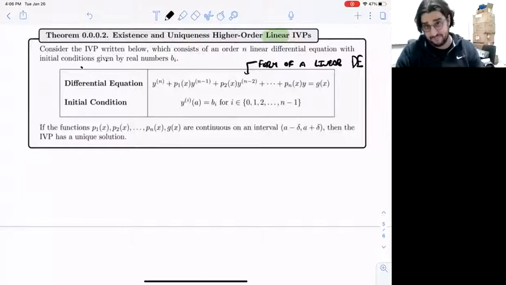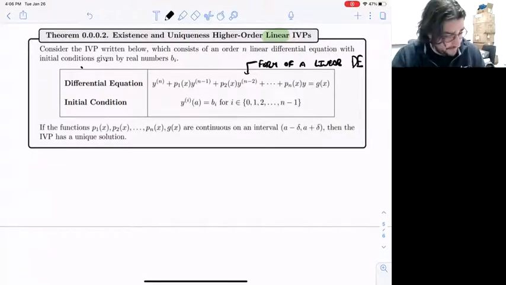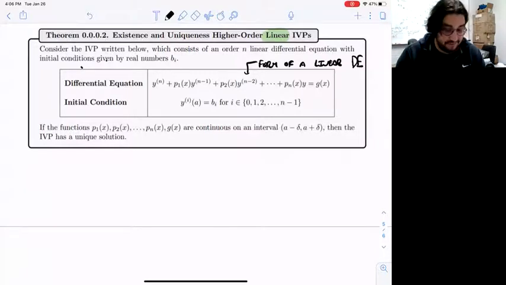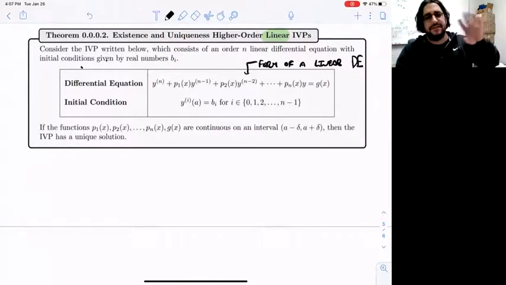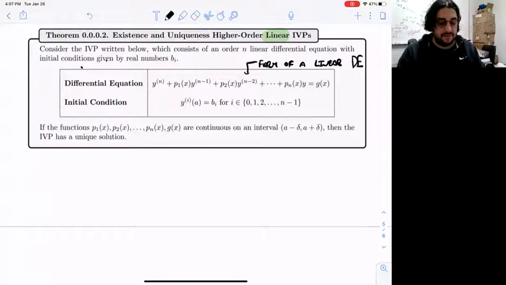And then g of x, the right-hand side, is also a function of x. Those all need to be continuous on some interval containing the initial condition. And as long as you have that, then there is a unique solution, right? So this one, you actually don't need any partial derivatives. You just need to check those coefficient functions, make sure they're continuous, make sure your equation is linear, and then you can say that there is a unique solution.